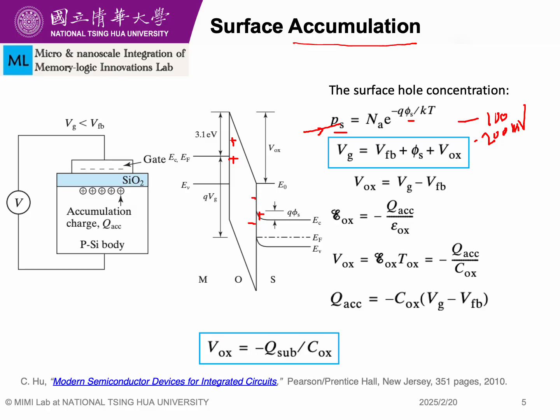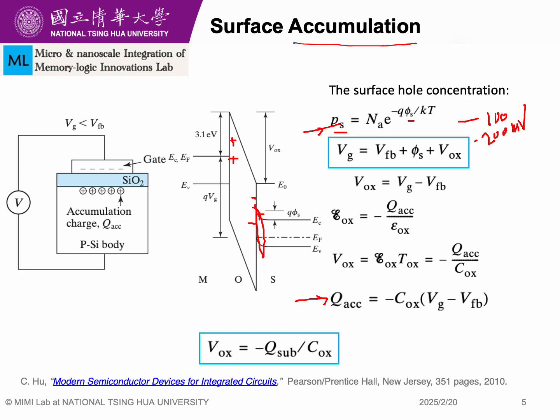There are a large number of holes getting accumulated near the surface, and they will form an accumulation layer of positive charge over here. So this layer we can denote by the accumulation charge.